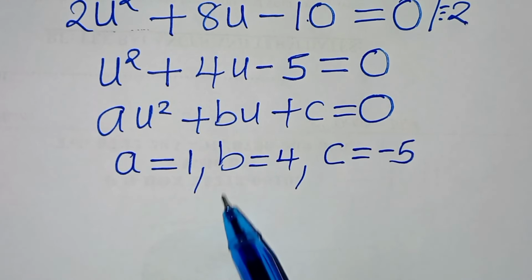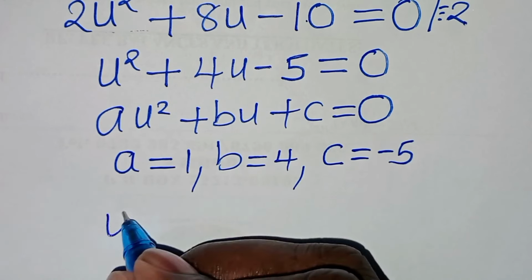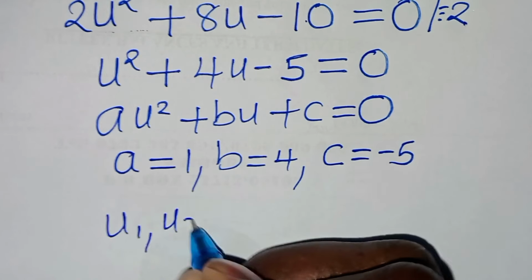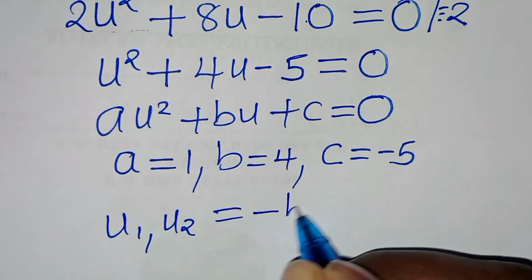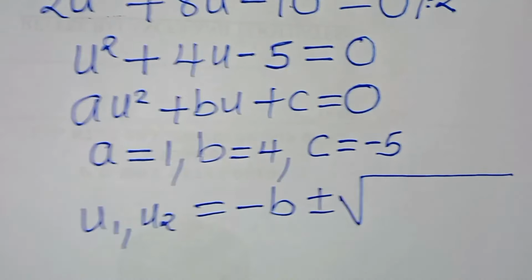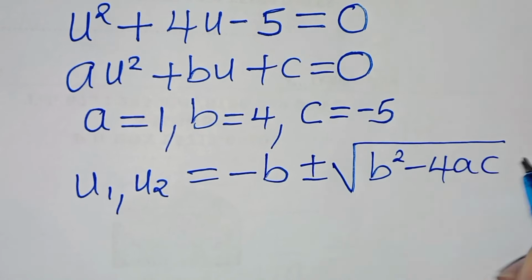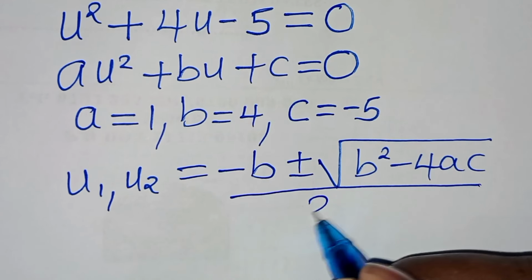So let's solve this quadratic equation, that is u1 and u2, by applying the quadratic formula: minus b plus or minus the square root of b squared minus 4ac, everything divided by 2 times a.